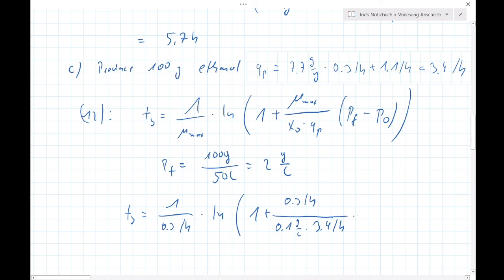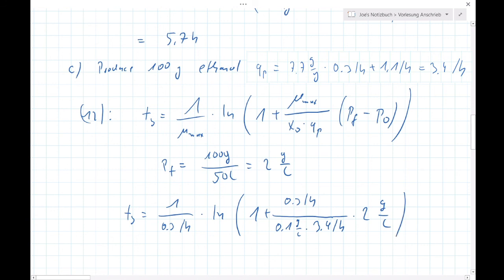And altogether this P final minus P0. P0 is not given, and it's of course 0. We don't start with ethanol, so it's just the P final, so it's just 2 grams per liter.